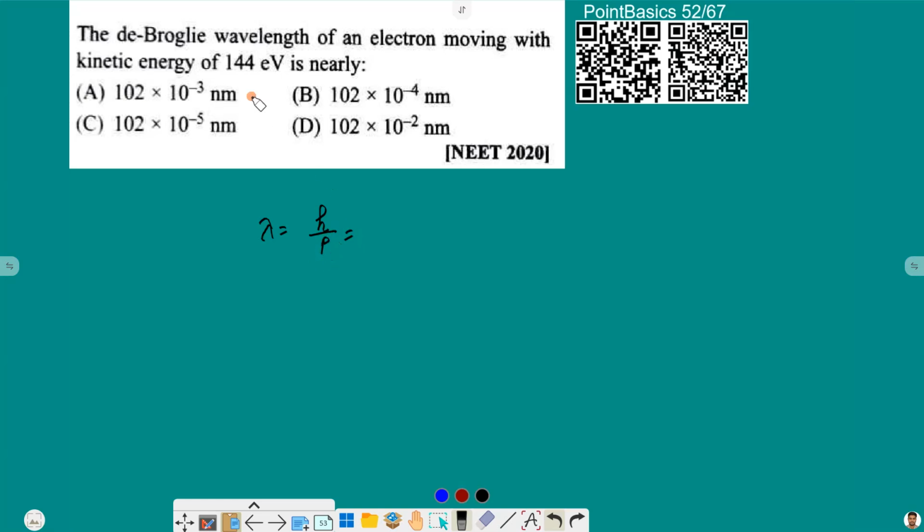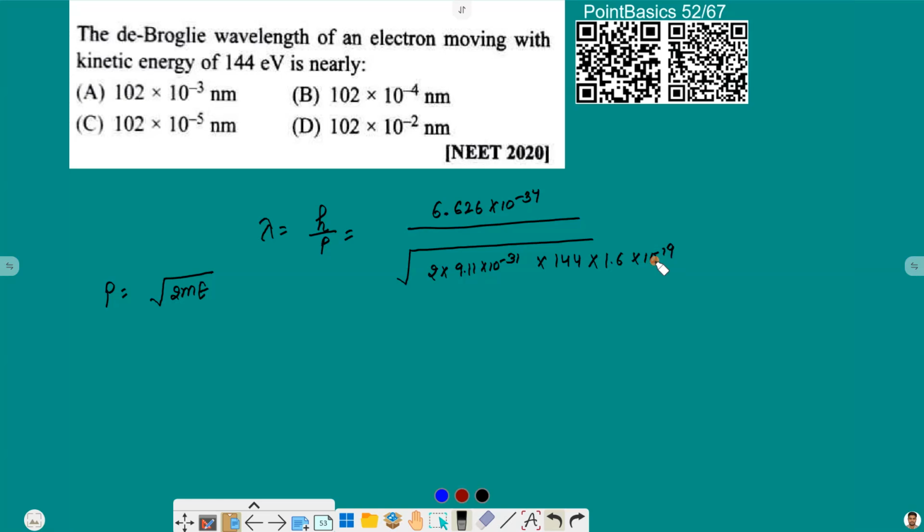Now here we have been given energy, and energy and momentum have the relation that p is equal to under root 2mE. So I substitute the values: h is 6.626 into 10 to the power minus 34 divided by under root of twice the mass of the electron, 9.11 into 10 to the power minus 31, into the energy, 144 electron volts, so into 1.6 into 10 to the power minus 19. This will be the right solution here.